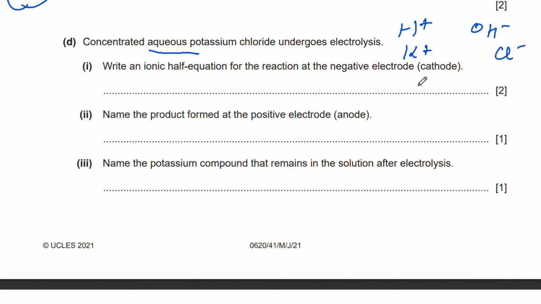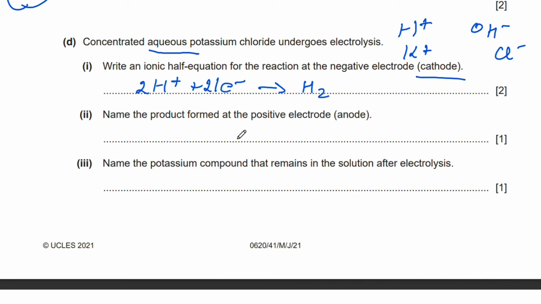So at cathode, there will be two ions, H plus and K plus. Actually, the H plus ions will be reduced. So you write H plus plus one electron gives hydrogen. Now, as we know, hydrogen does not exist as a monoatomic, it's a diatomic molecule. So you write H2 over here, with 2H plus and 2 electrons. So this will be the half equation.